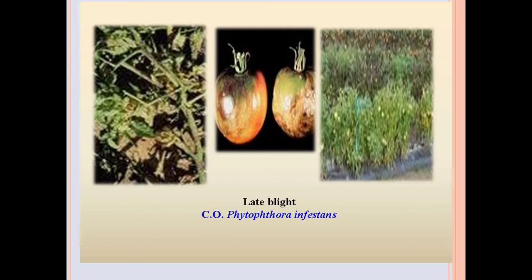It can cause infection to all solanaceous crops. And in the disease cycle, this pathogen survives in diseased crop debris under wet conditions, and secondary spread of infection is always by sporangia and zoospores with the irrigation water or irrigation channel.